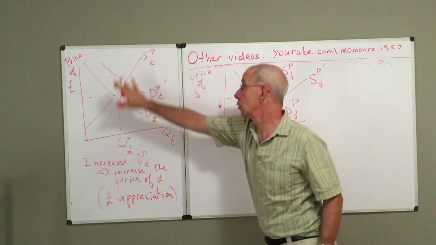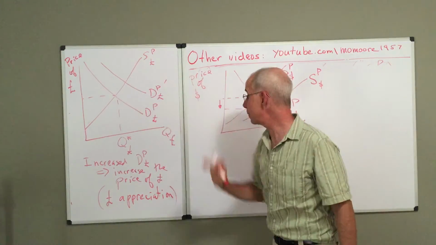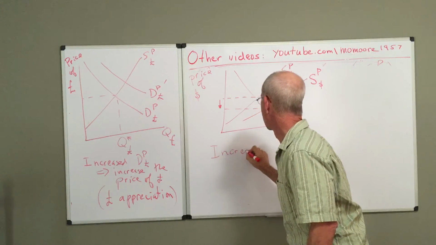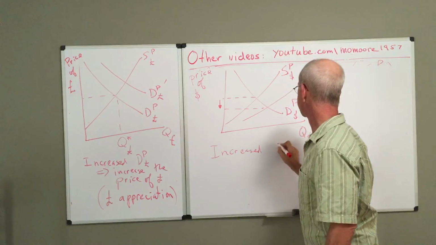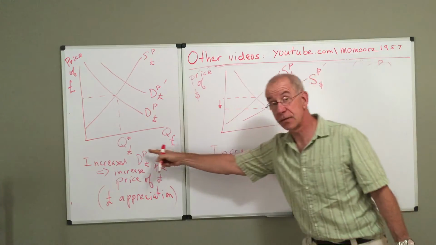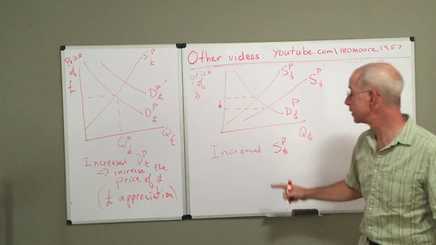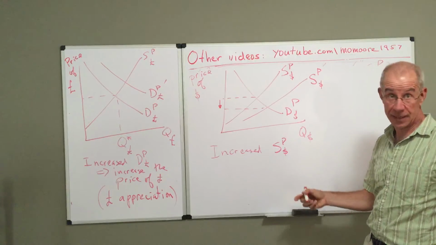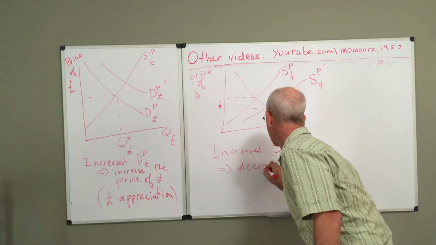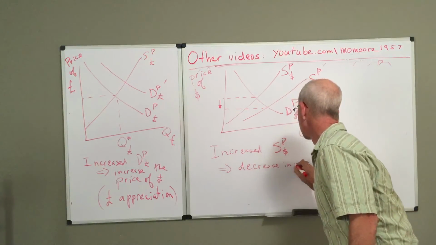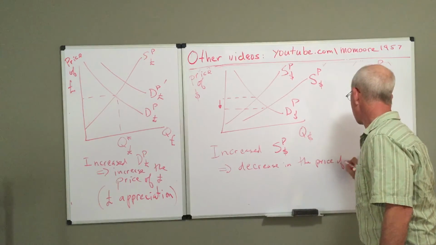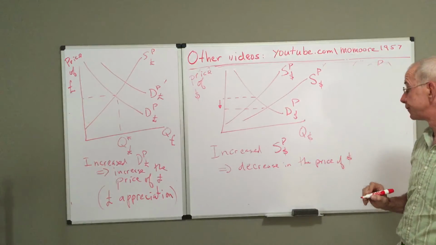So you can look at this from this standpoint, or you can look at it in the dollar market. So an increase in the demand for pounds by American citizens is the same thing as an increased supply of dollars. A decrease in the price of dollars.